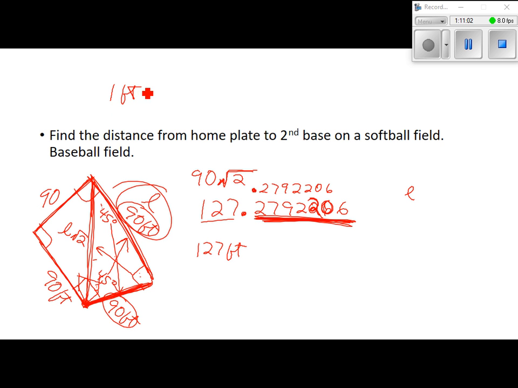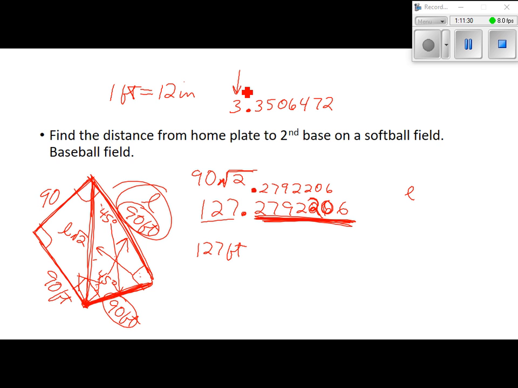So 1 foot equals 12 inches. Times 12, it's 1,527.3506472.